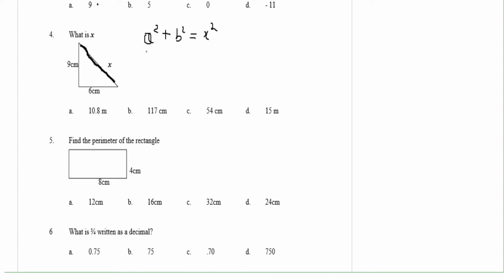So a is, we would have 9 squared plus 6 squared equals x squared. 9 squared is 81, that's 9 times 9, plus 6 squared is 36, 6 times 6, and that's equal to x squared.